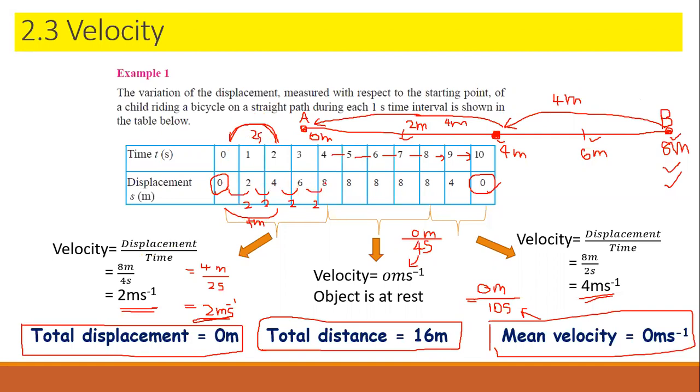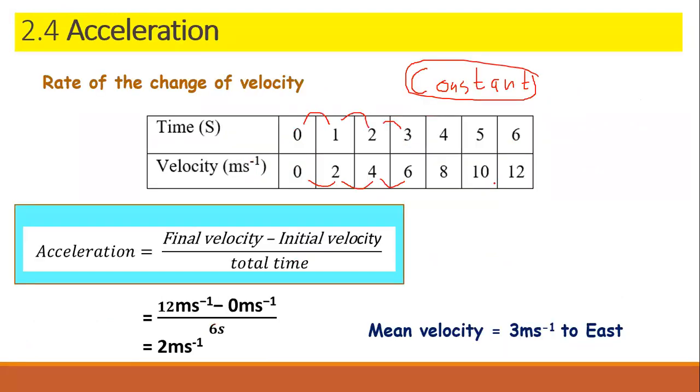In this way, 8 is the final displacement and 0 is the initial displacement, so we subtract 0 from 8. So here too, we just consider the velocity difference. Here the final velocity is 12 meters per second and the initial velocity is 0 meters per second. So we subtract, 12 minus 0, which is 12.